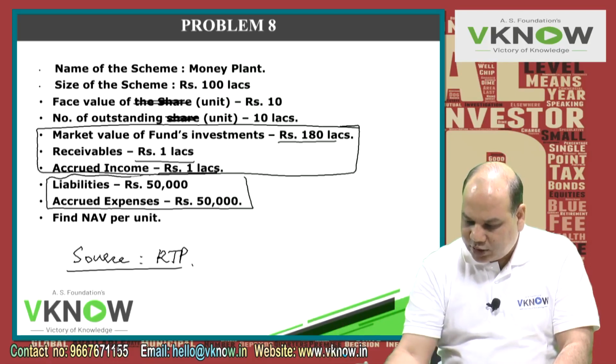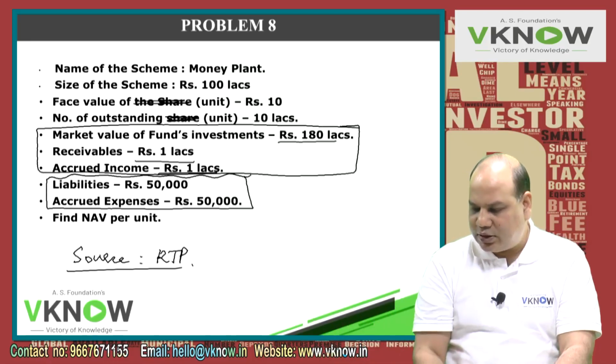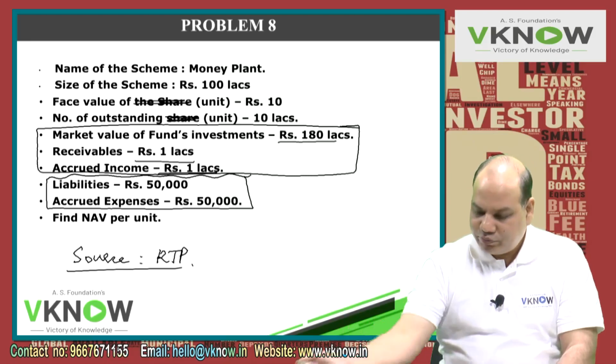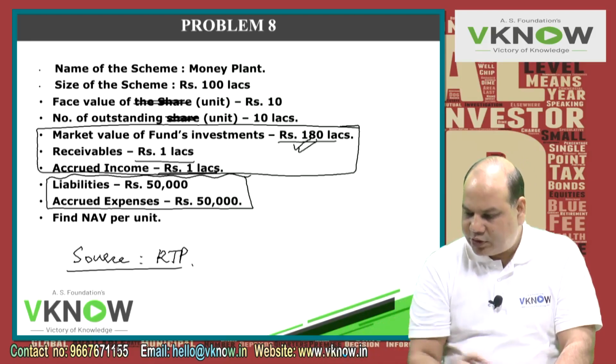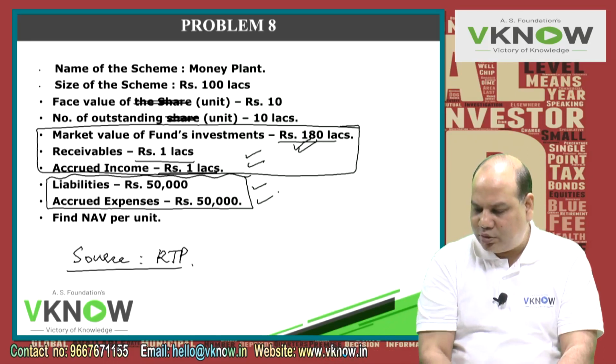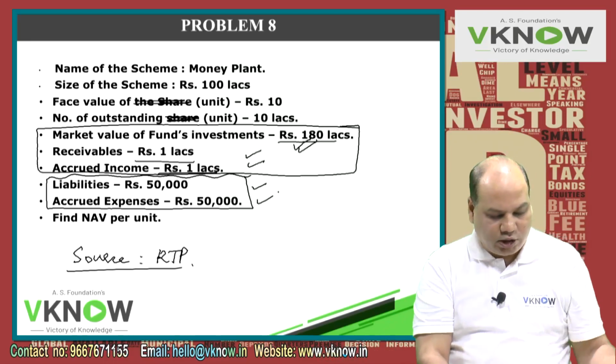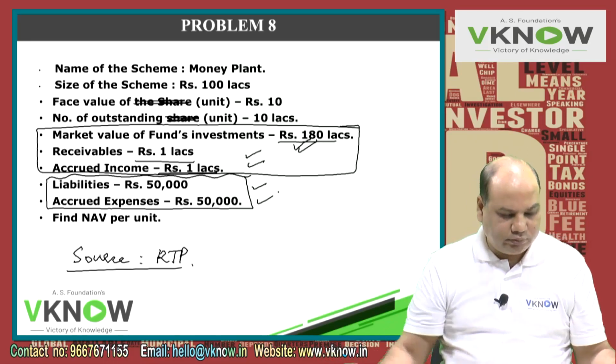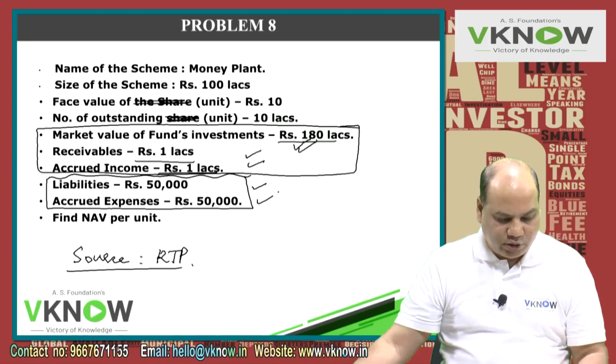So we have to first identify assets and liabilities, then take them at their market values. Already market value of investment is given. For other items we can just take them at their book values. Calculate the NAV per unit.